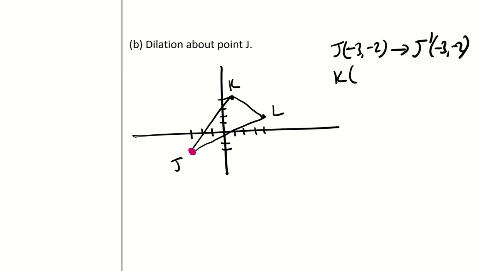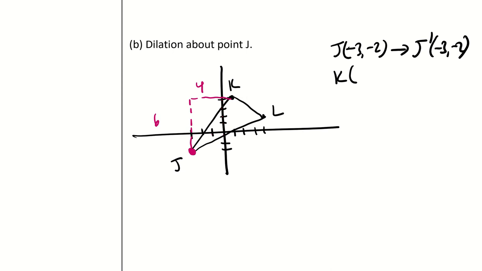Now K and L, we have to work for it. If I want to go from J to K, I have to go up, looks like 1, 2, 3, 4, 5, 6. I have to go up about 6. And then I have to go over 1, 2, 3, 4.